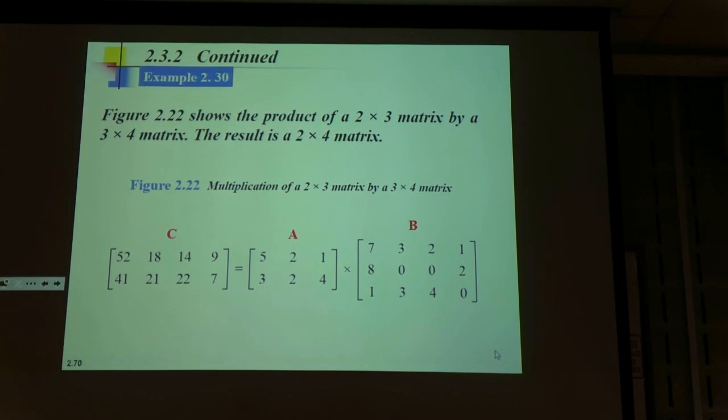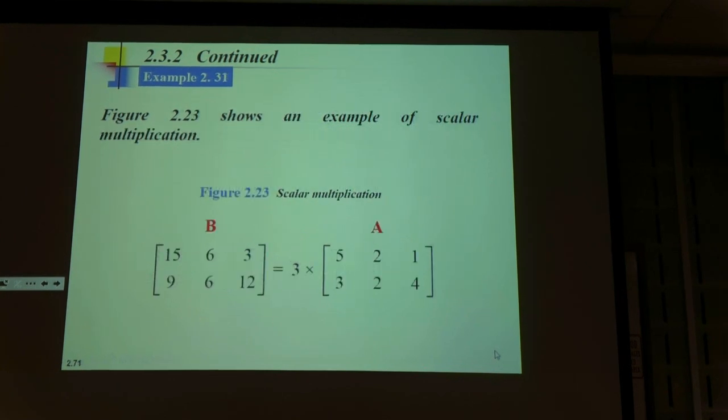So this is for multiplication of rows by columns, and you know how to multiply this one. This is like scalar multiplication: you multiply 3 by each number. So 3 times 5 is 15, 3 times 2 is 6, 3 times 1 equals 3, and so on.